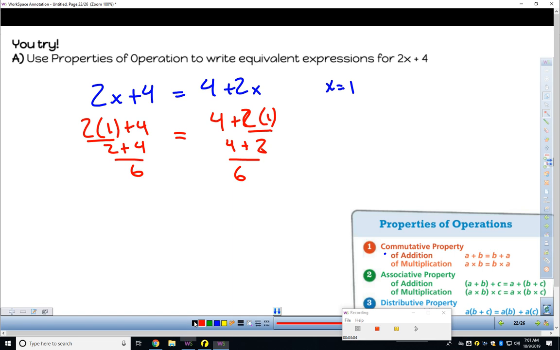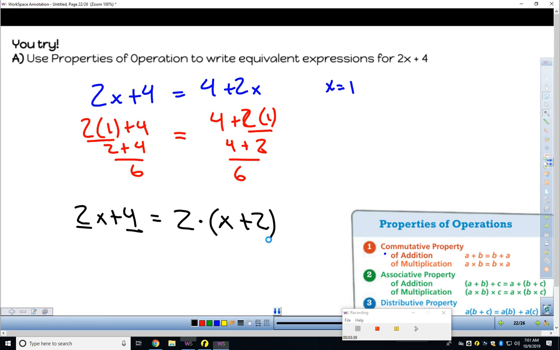Similarly, I could take this 2x plus 4, and I could work backwards here by saying, what is a common factor of 2 and 4? Well, 2 is a common factor of 2 and 4. And so 2 times something would give me 2x, that would be x. And 2 times 2 would get me 4.